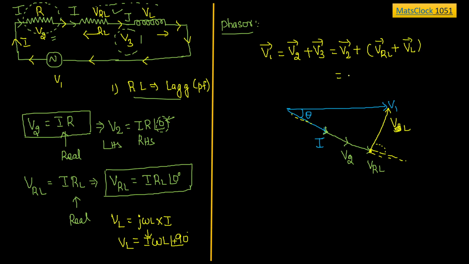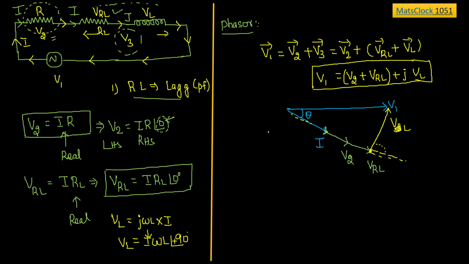Now, to write this in a clear format: V2 is the voltage drop across the resistor. VRL also is the voltage drop across the resistor. This is the real component. Plus VL is the voltage drop across the inductor. So the total supply voltage can be written in this format in case of rectangular coordinates. Yes or no? Exactly, sir.